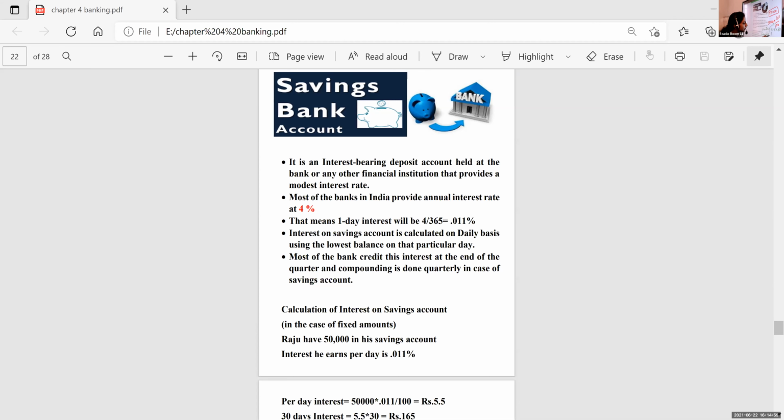So for 30 days, 5.5 into 30. For that particular month, I will get 165 rupees as interest.